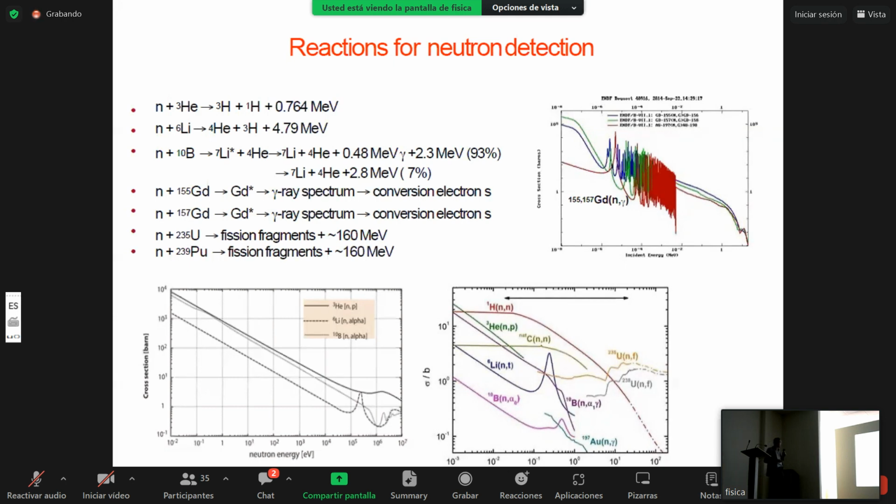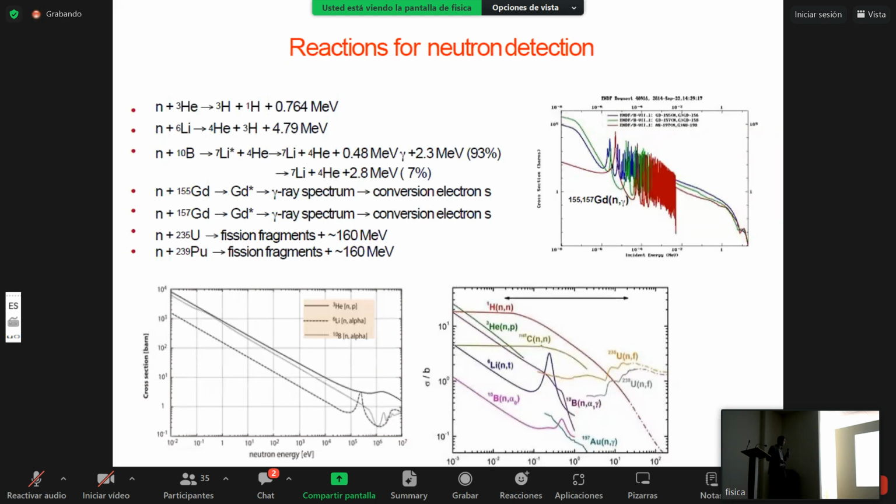This reaction leads to gamma rays and conversion electrons. Gadolinium-155, gadolinium-157, and the last two reactions, fission reactions, where we have fission fragments with energies of about 116 MeV deposited, distributed between these fission fragments.